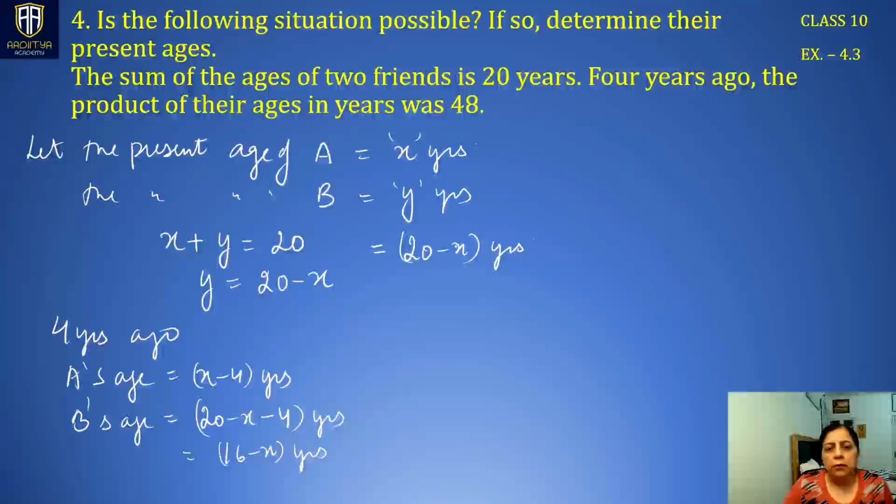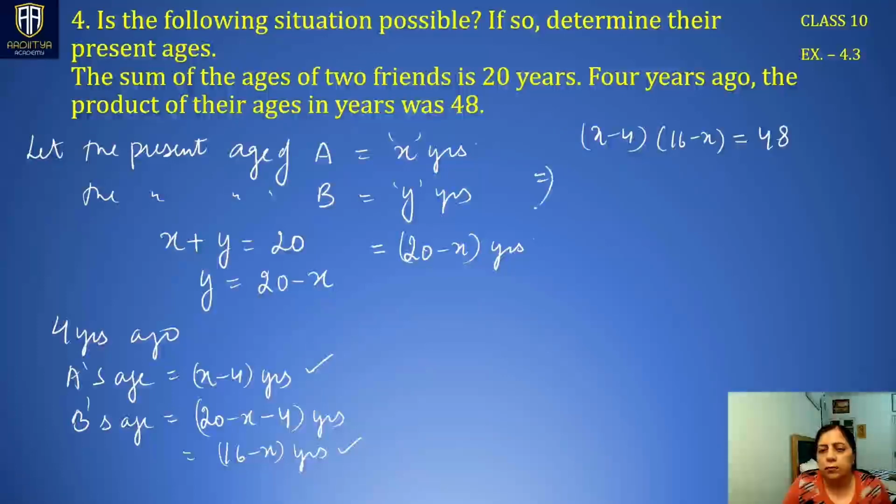Now he says 4 years ago the product of their ages in years was 48. That means these are their ages 4 years back. Product of these ages is 48. That means (x minus 4) into (16 minus x) is 48.